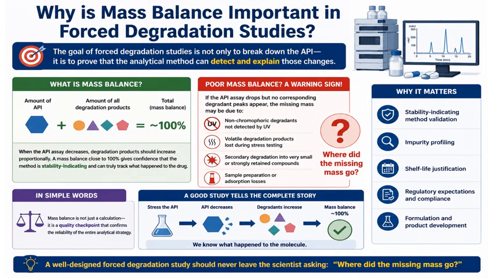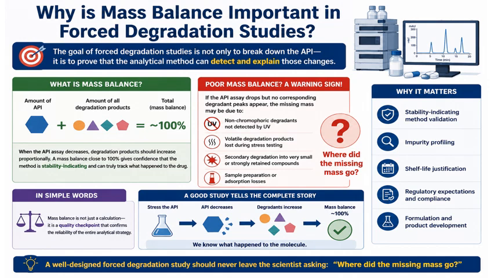When you degrade the API, it degrades into impurities. The degradants are formed, and your method should detect the API and the degradants, and the mass balance should be 100%. The amount of API plus the amount of all degradants, degradation products, the total should be 100%.